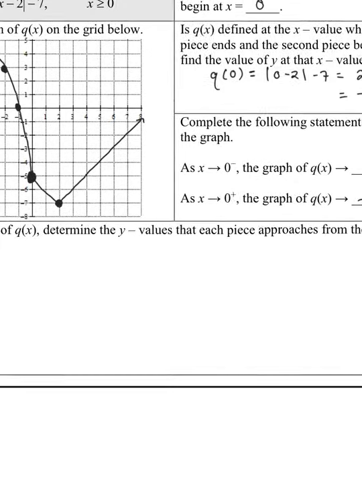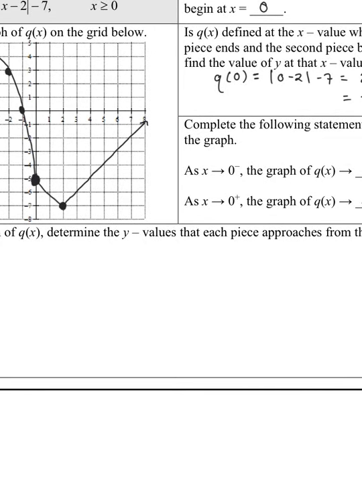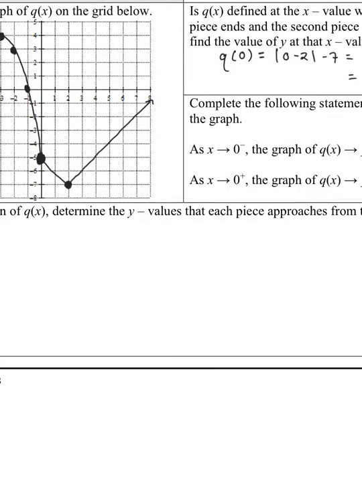Then it asks us, using the equation of Q of x, to determine the y values that each piece approaches from the left and the right as x approaches 0. So let's do that.